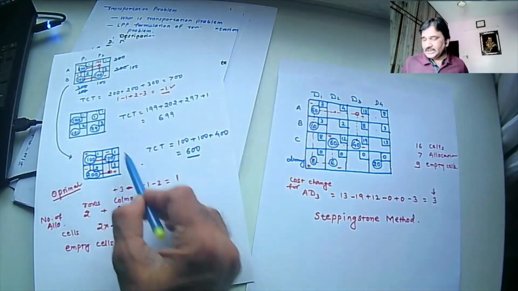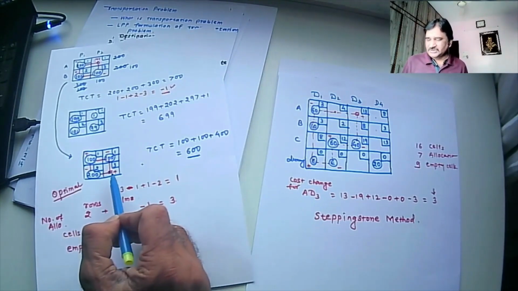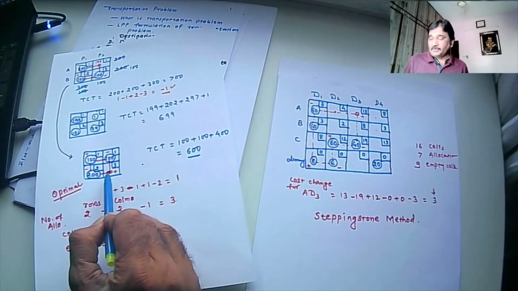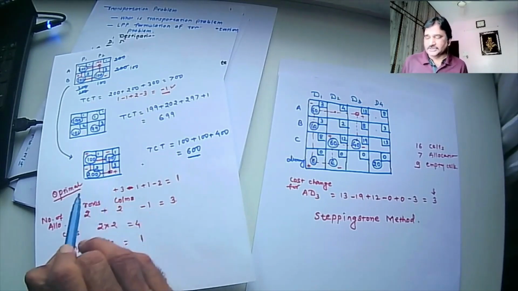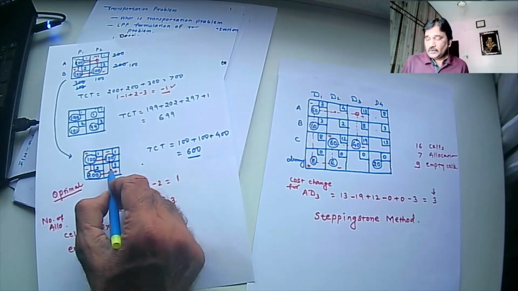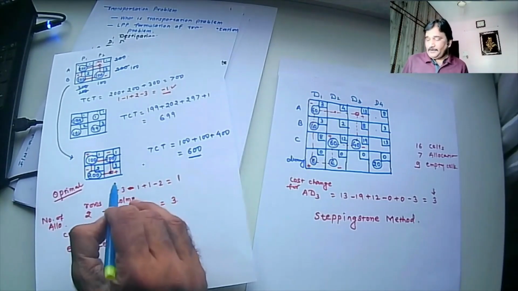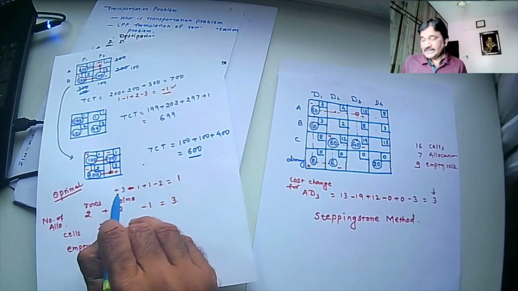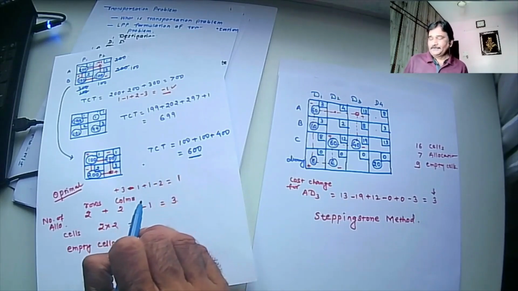So we did the allocation, and just for demonstration, we again found out the saving potential of this cell: what is the saving in transportation cost if I do one unit allocation in the empty cell? I found that there is no saving, meaning there is an increase in the transportation cost by 1 rupee, right?